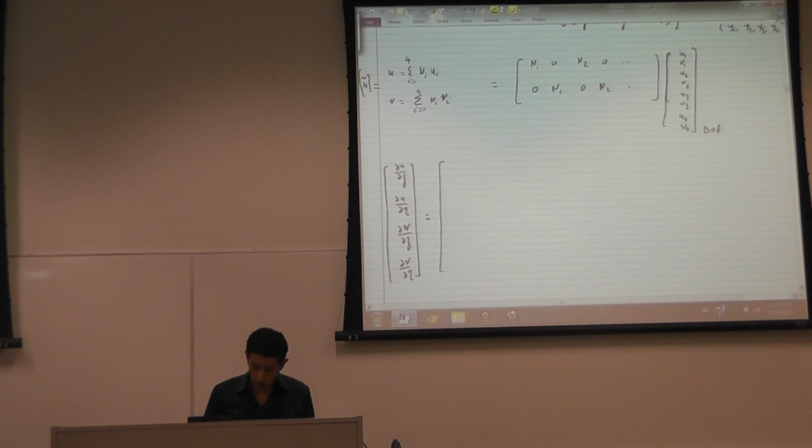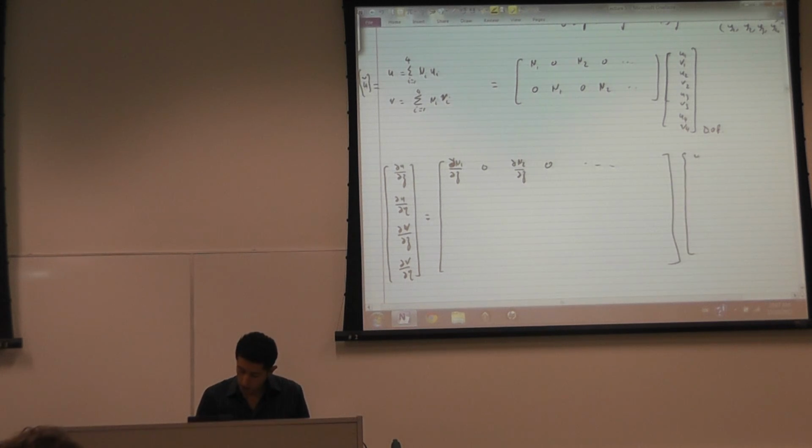This will look like this: partial N1 by partial xi, partial N2 by partial xi, multiplied by the degrees of freedom of the element.